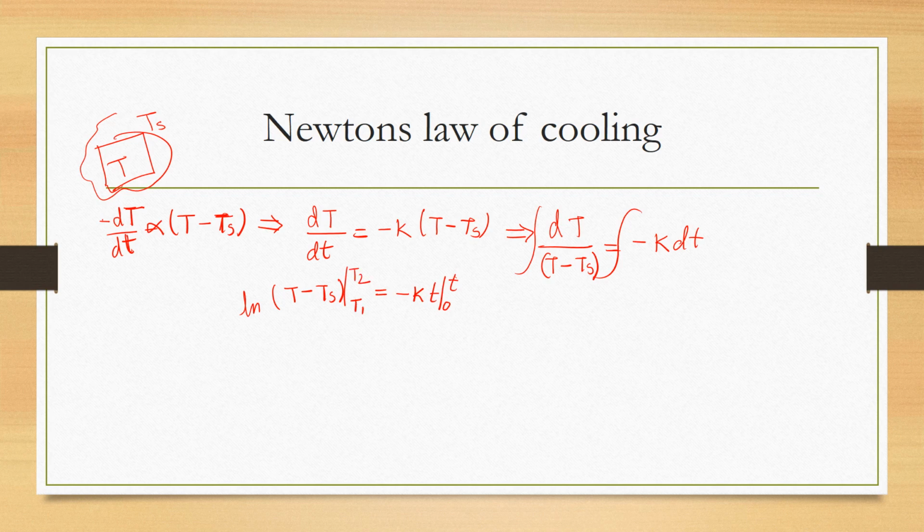If we substitute the values of T1 and T2 in the above equation, we get something like this: log of T2 minus Ts by T1 minus Ts equal to minus kt.